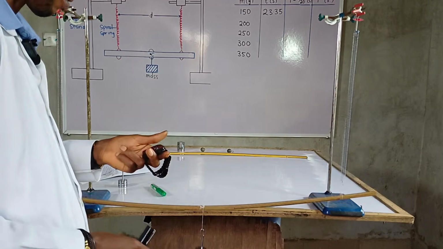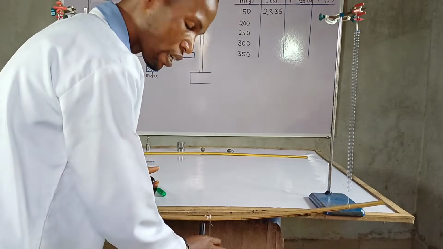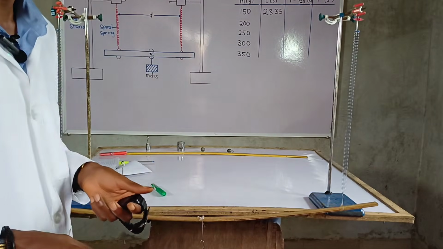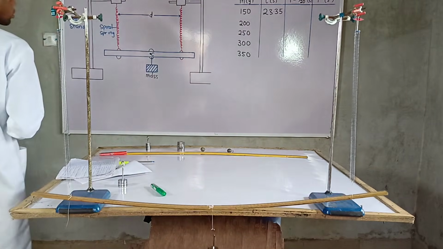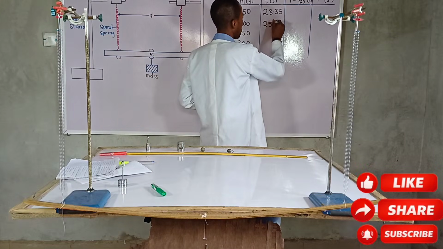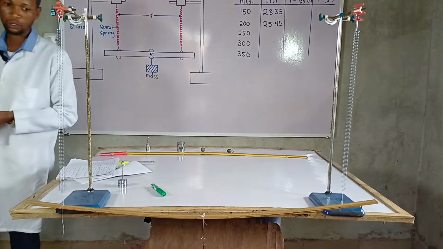So right here we have 25.45. So for the 200-gram mass, the time taken for 20 oscillations is 25.45 seconds.